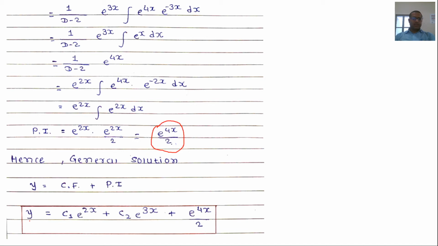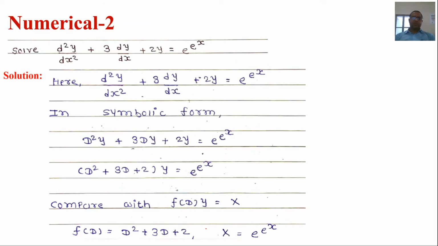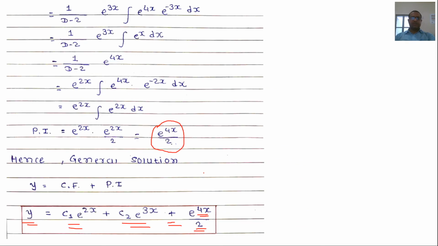So finally you will get y is equal to c1 e raised to 2x plus c2 e raised to 3x plus e raised to 4x divided by 2. So here we have completed our first numerical. This is the general solution of the given non-homogeneous differential equation.